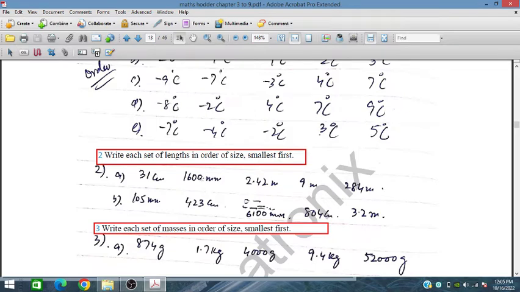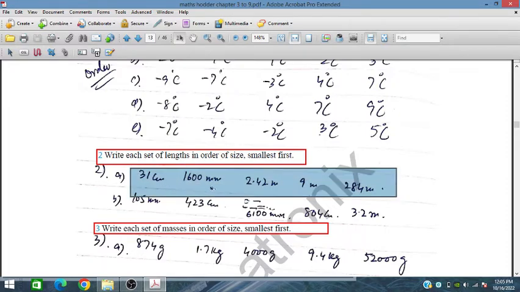This is 1.6, I think it's 160 centimeters or 1.6 meter. 1.6 meter is greater than 0.31, then 2.4 meter, 9 meter, and 284 meters. We write them in order after converting, to understand that this one is the lowest one.